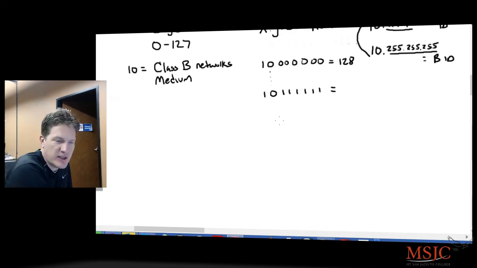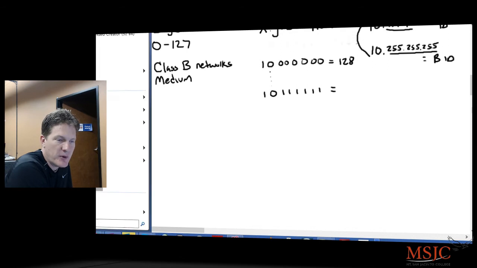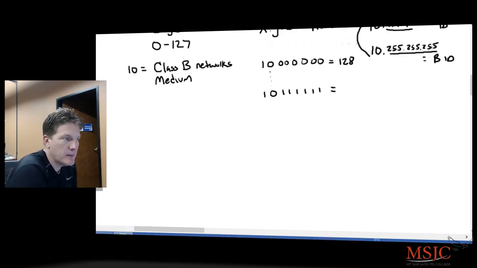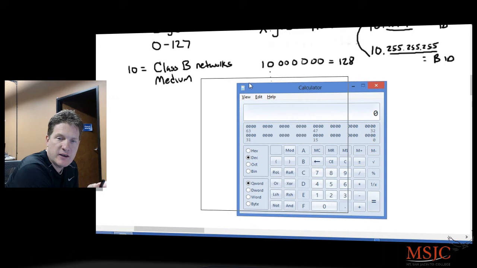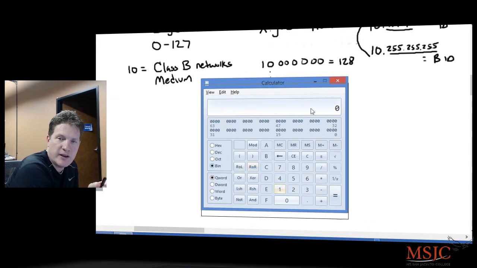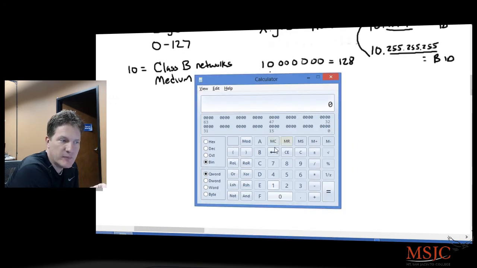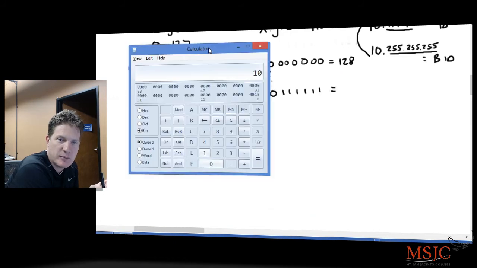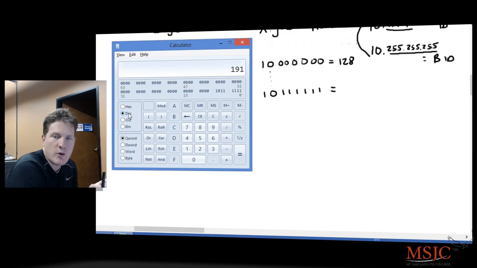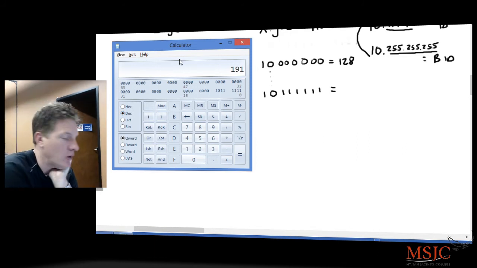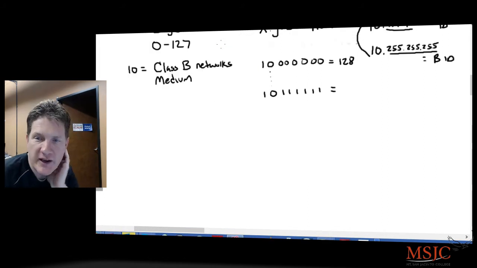But just in case I don't want you to get lost, let's open up a calculator and go to binary mode and put in 10111111. So 10 followed by 6 ones would be 191.